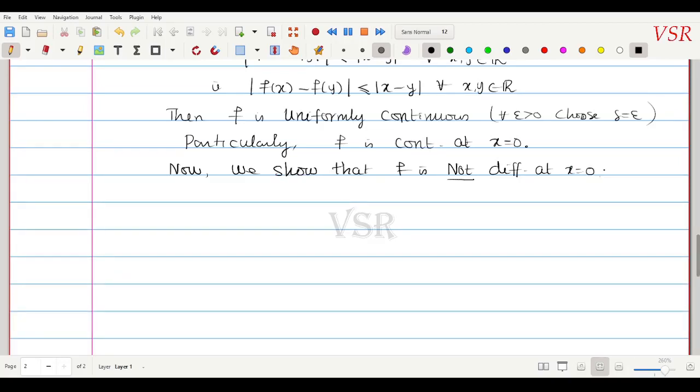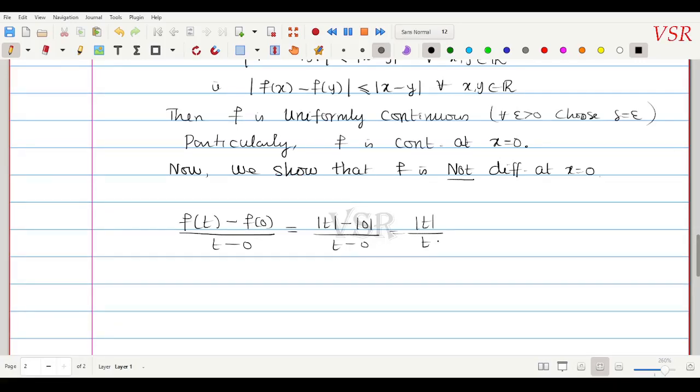Consider this: f of t minus f of 0 divided by t minus 0. This equals mod t minus mod 0 divided by t minus 0, which equals mod t divided by t.